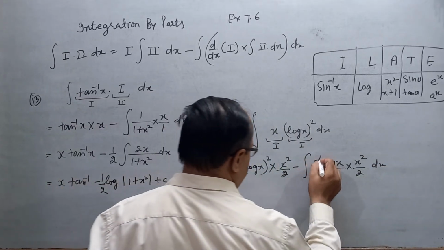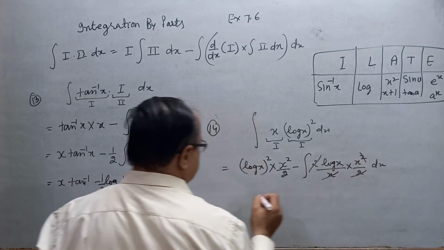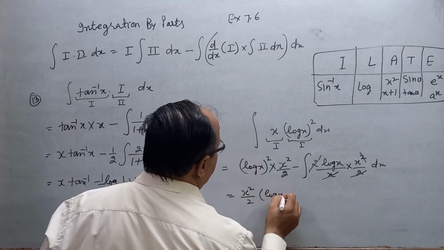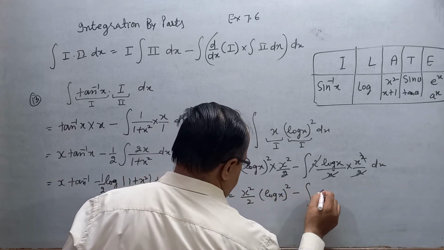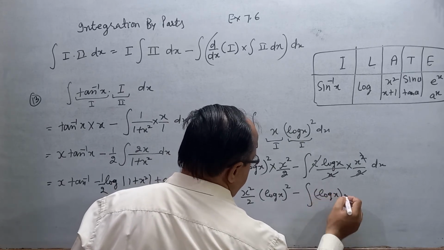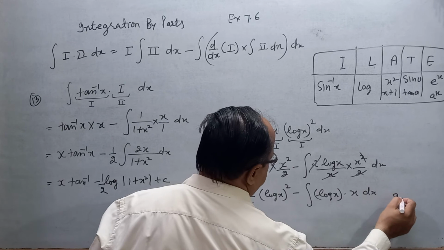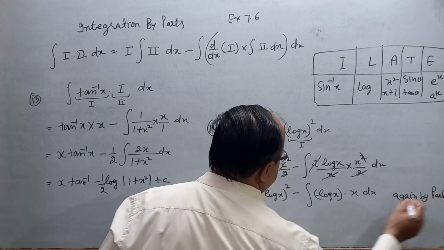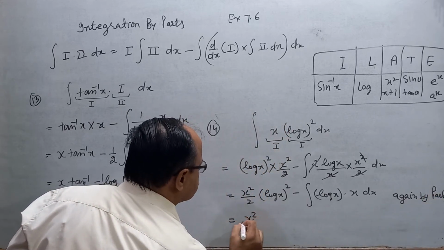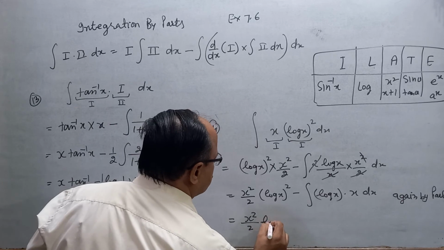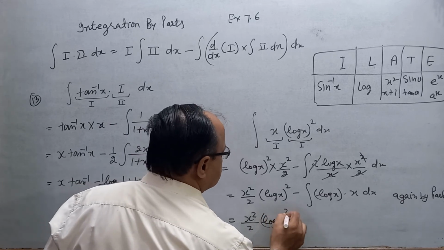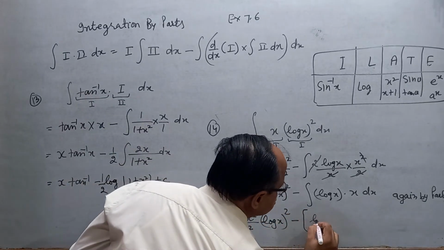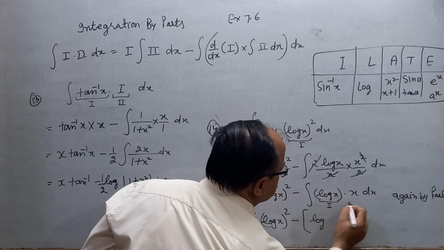Now again by parts, x to x cancel, that is x square by 2 log x whole square minus integration of log x into x dx. Again by parts: x square by 2 into log x whole square minus, log x is the first function and this is second.